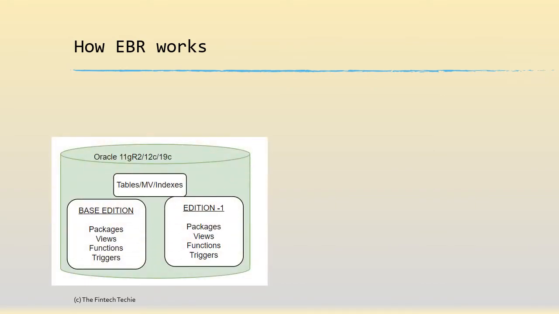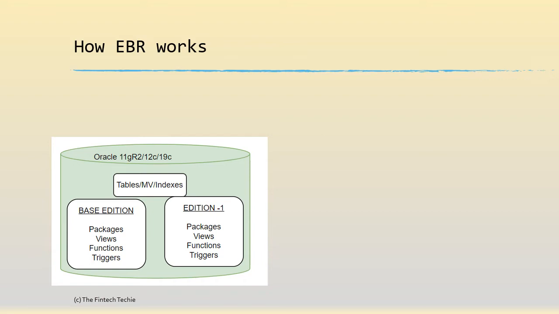So how does EBR solve this problem? Let's try to understand by going back to the database and checking the objects present in it. Now let us leave aside tables, materialized views, and indexes for the time being because they cannot be re-editioned. There is a different approach for them. But for the other types of objects like packages, views, functions, and triggers, we can create a new edition.